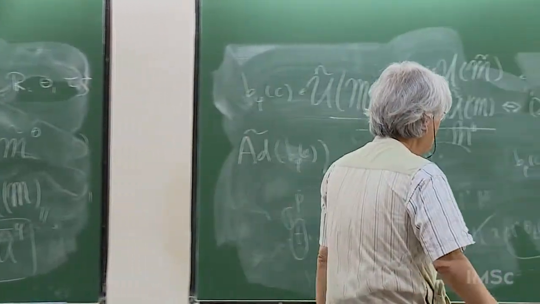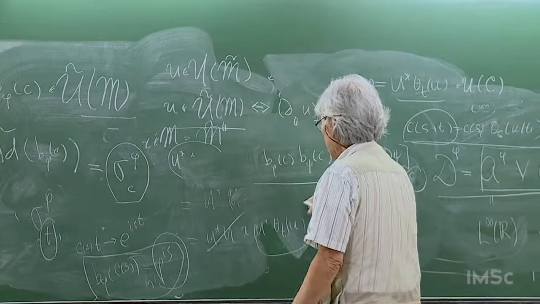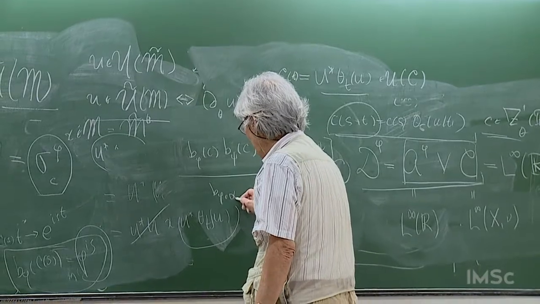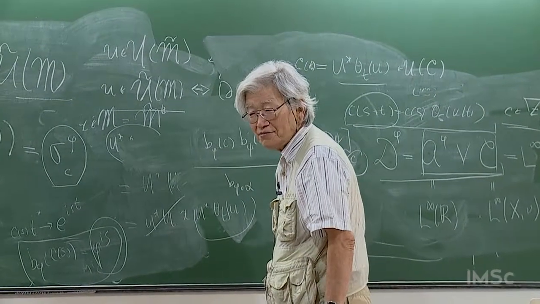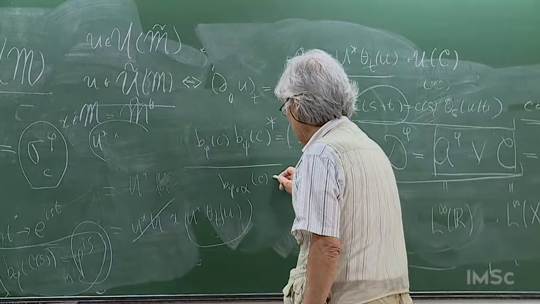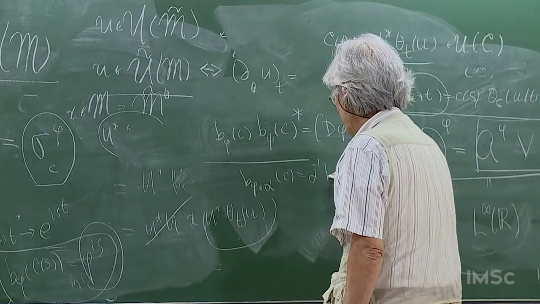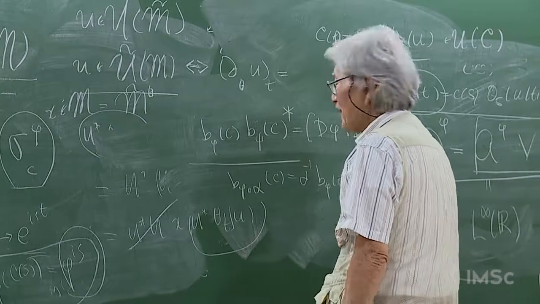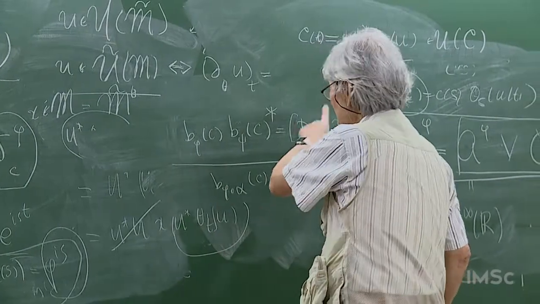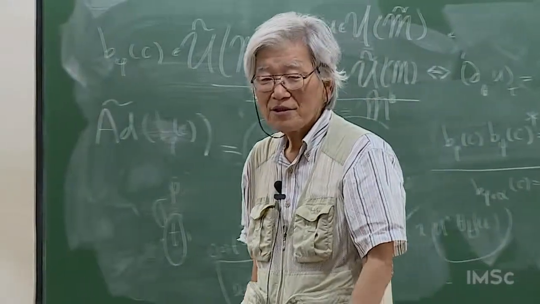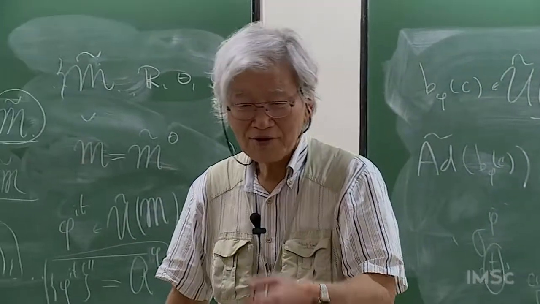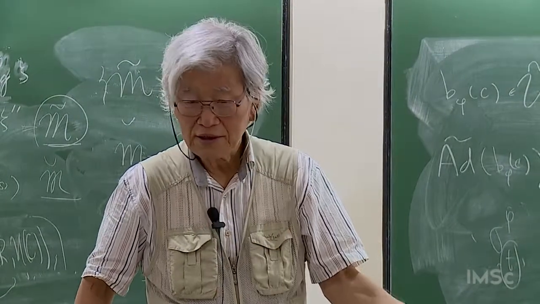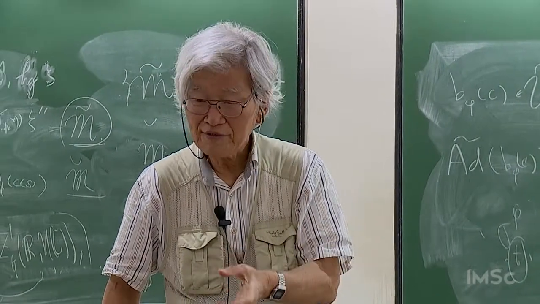And because of this naturality of the construction of C, if you apply an automorphism alpha, then this is alpha inverse of V phi of C alpha. So all natural things occur about the cocycle derivative.